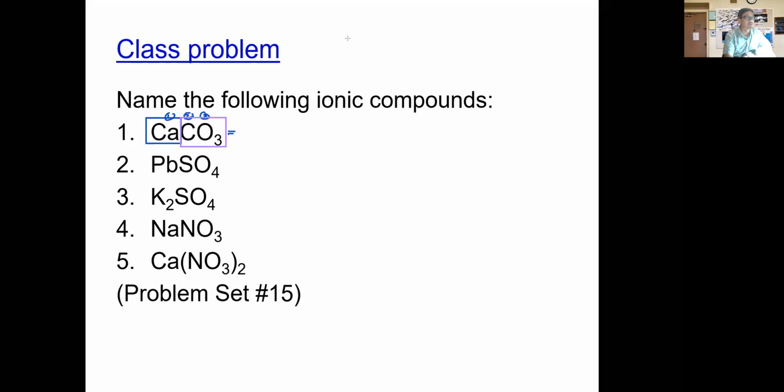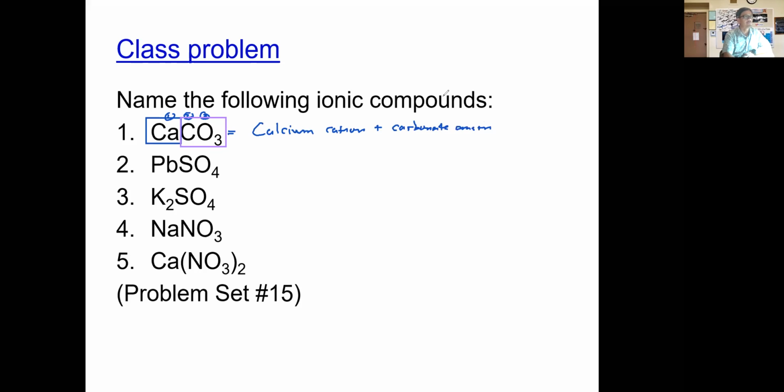All right, so let's name the cation. This is going to be calcium cation. And CO3, hopefully you got this right, is going to be the carbonate anion.